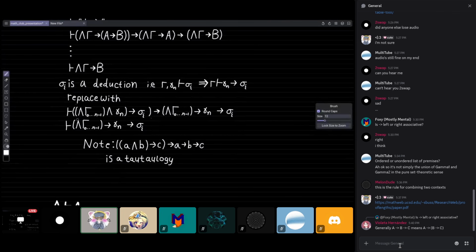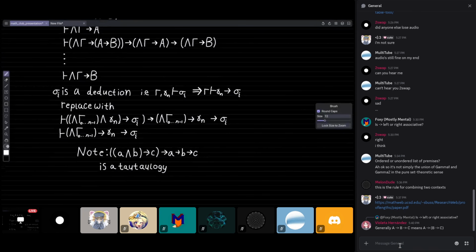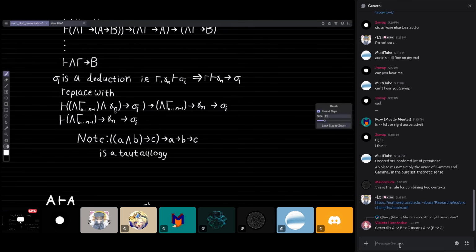So this is just the conjunction of the context gamma. Having a hard time explaining this. All right.